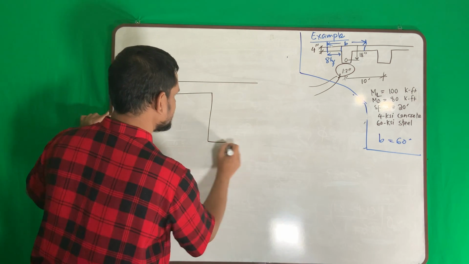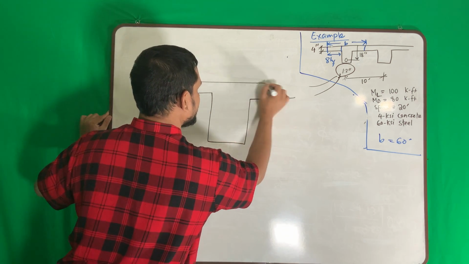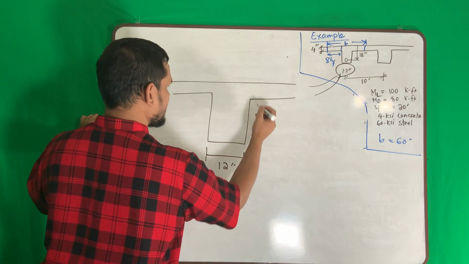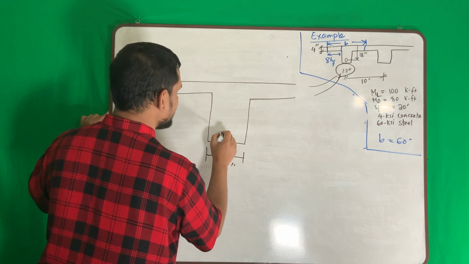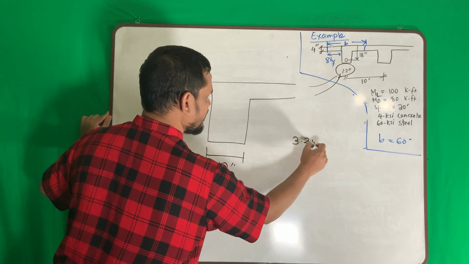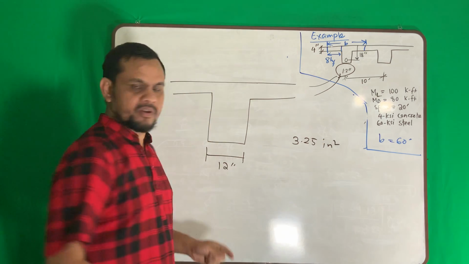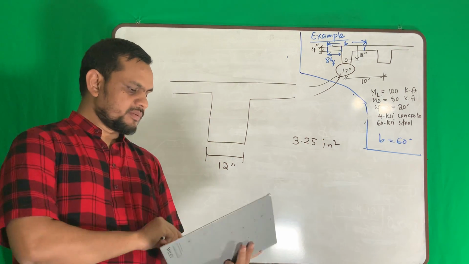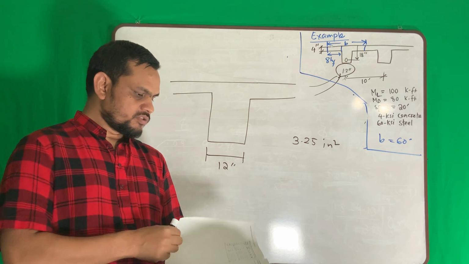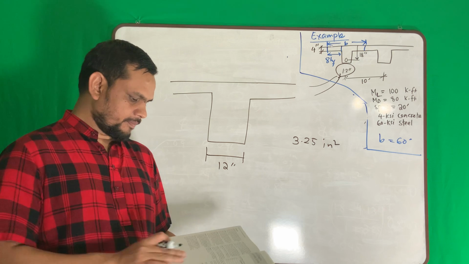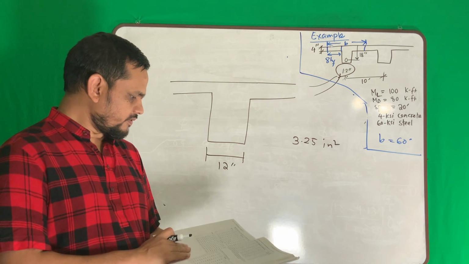What is the detailing? Draw a bigger picture, and this portion is 12 inch, and you have to select your reinforcement here. So we need 3.25 inch square. Okay, find from your book how many reinforcing bars you will choose. So I'm going to appendix table A4.